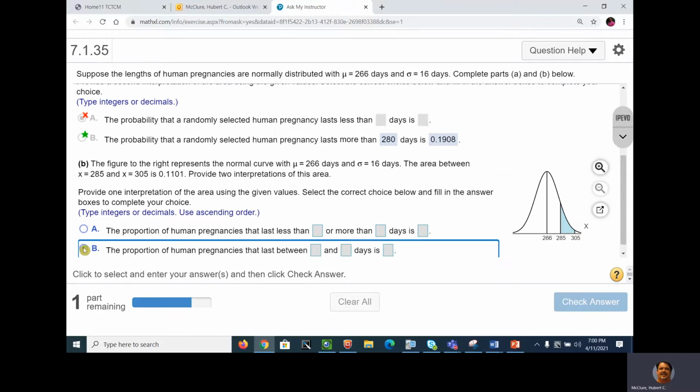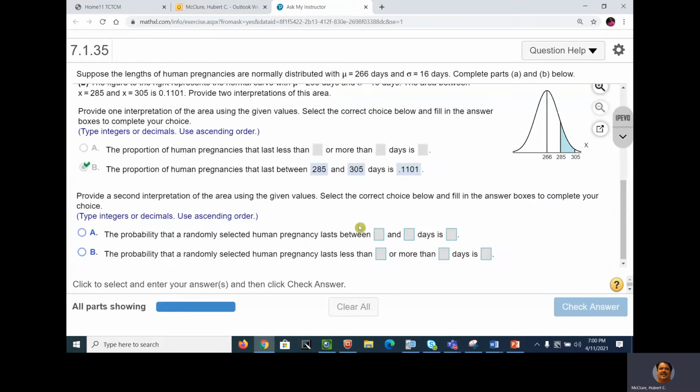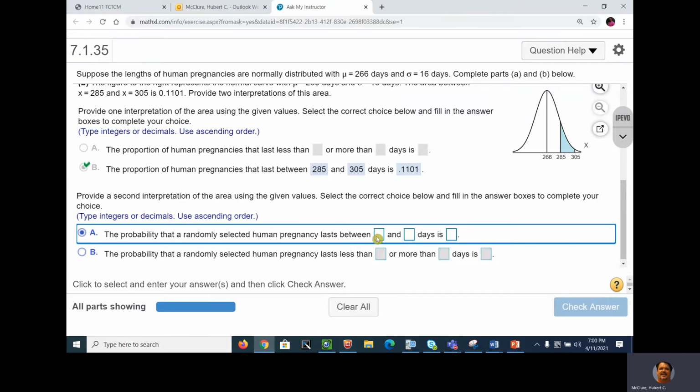Between, B, is between 285 and 305 is 0.1101. And then they're going to do a redundant one. I don't know why they're doing this.